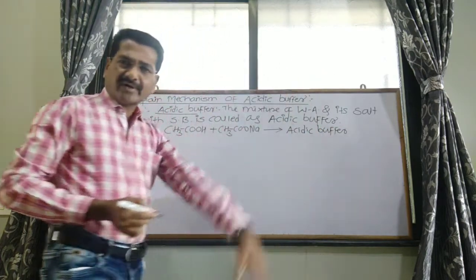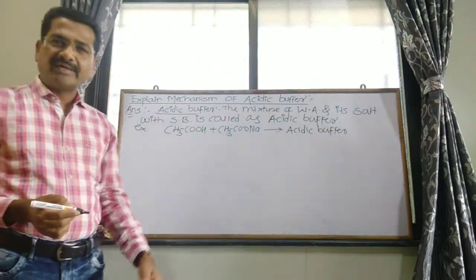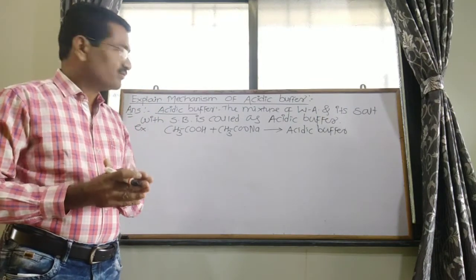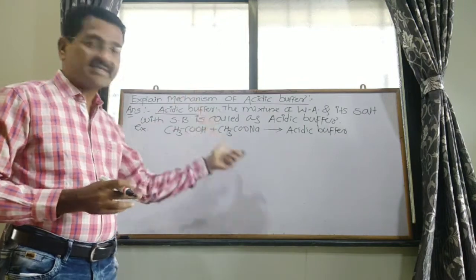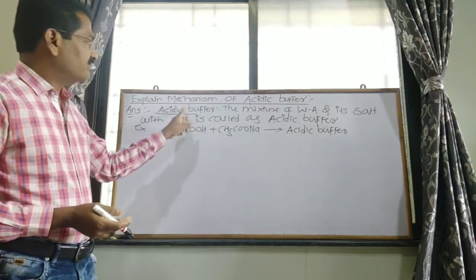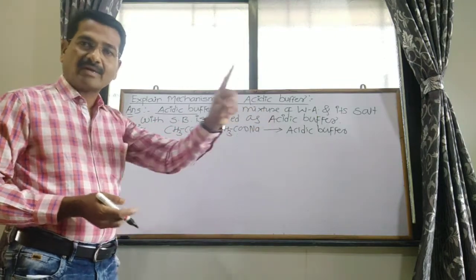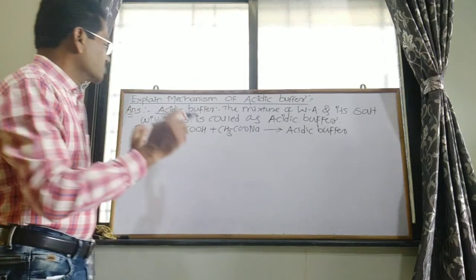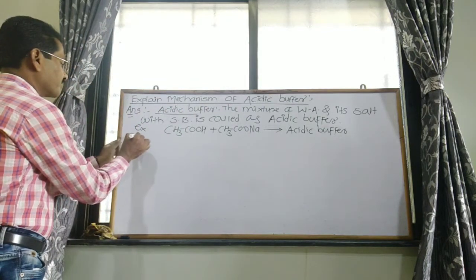The acidic buffer has a pH less than 7. But in this class we are going to discuss the mechanism of acidic buffer. For that purpose we take the definition of acidic buffer for 1 mark and 2 marks for its mechanism. So see the mechanism.